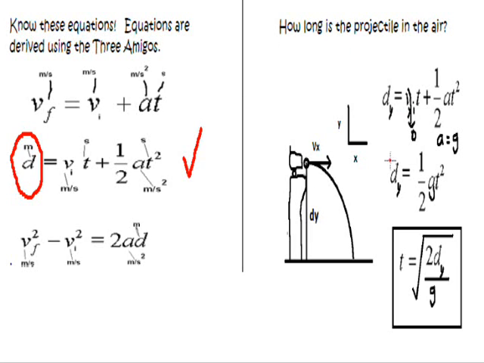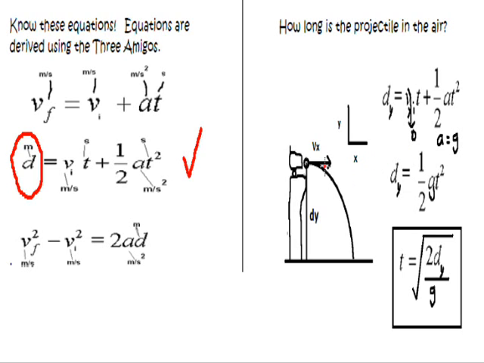Now let's look on this side, and we're deriving it now. We got to make sure we have our components and our labels to help us do this. So the dy direction, we'll set it up using that subscript. We have dy equals vyi, which is your initial speed in the y direction.